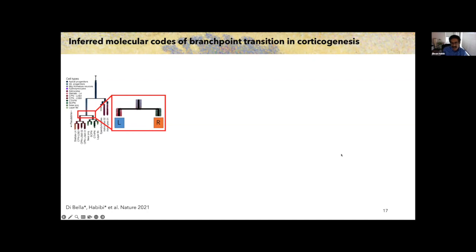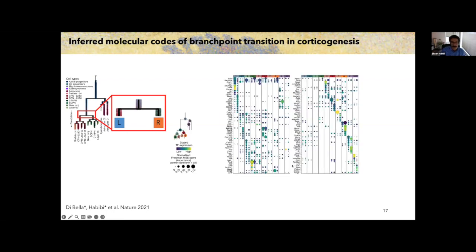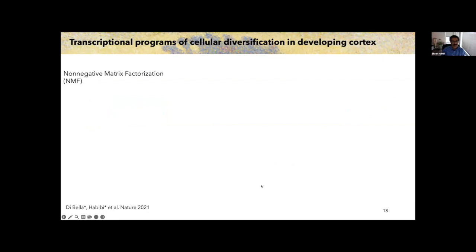This allowed us to identify candidates at each branching point, and come up with a set of genes that we know from the literature, and also novel genes that perhaps play an important role in the decision of that process.